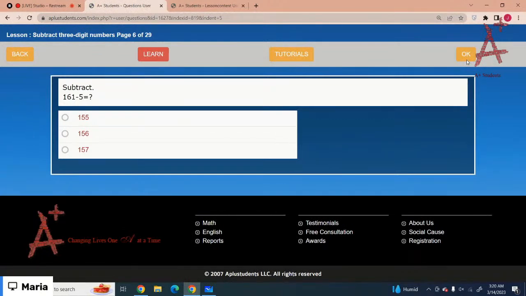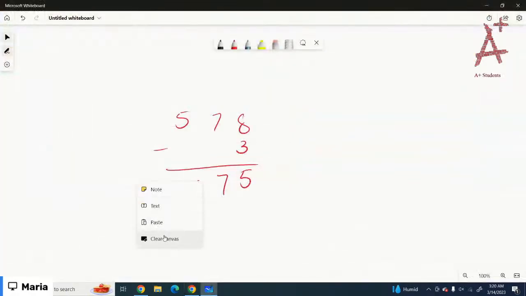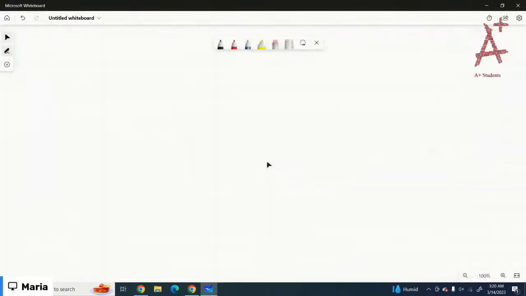Okay, the next one is 161 minus 5. Start subtracting from the ones digit. 1 take away 5? No, we cannot subtract a greater number out of the smaller one. So you need to borrow 1. When you borrow 1, you're left with 5 here and it makes 11.